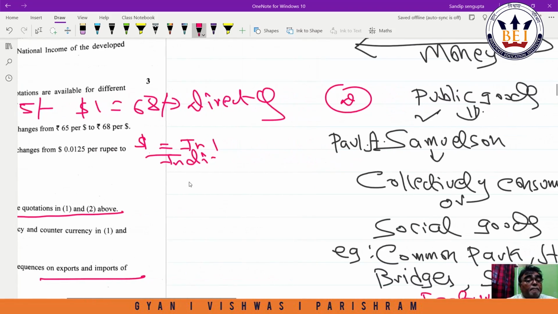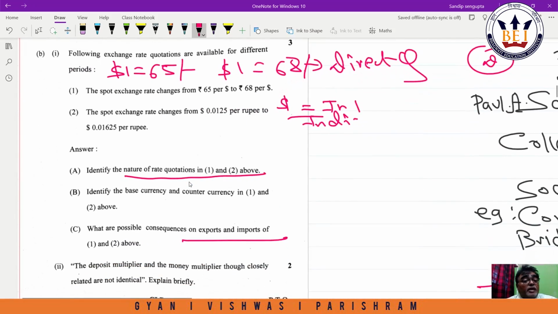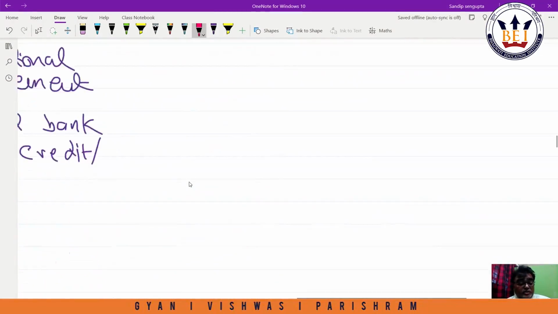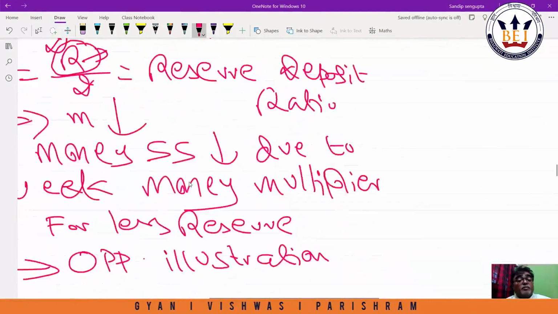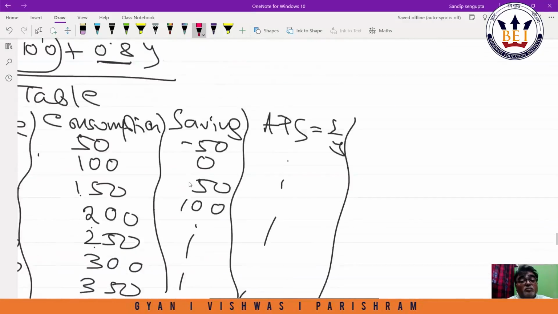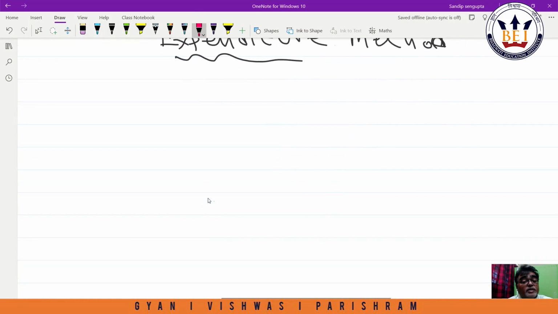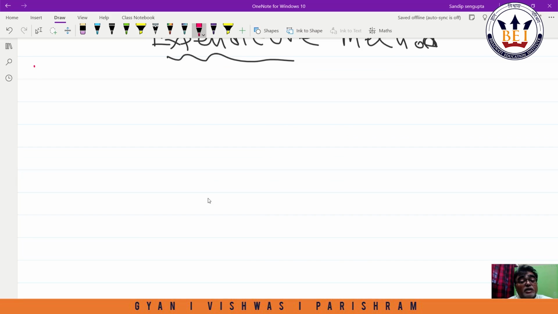10b1. 10b1 ABC. 10b1. First, what is written?